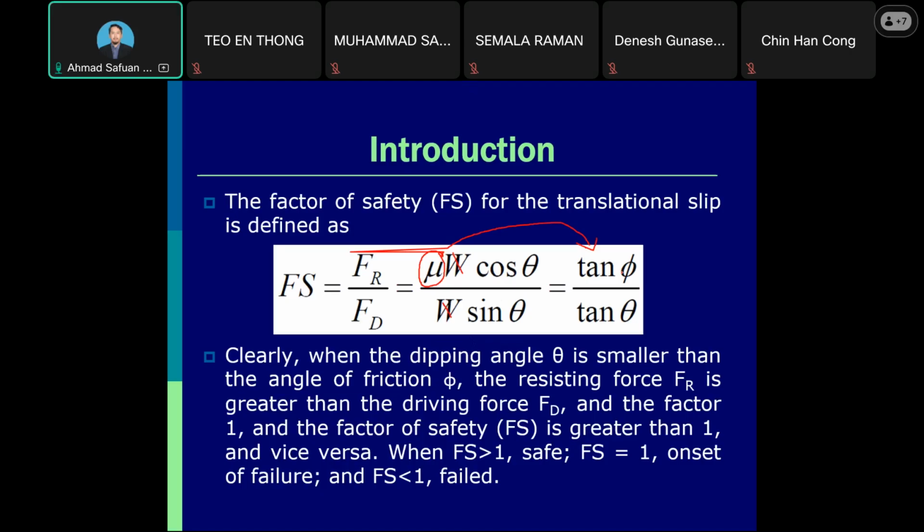So 27 is less than the friction angle of the soil.